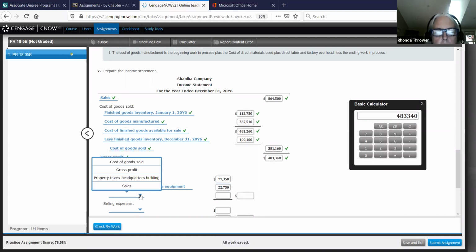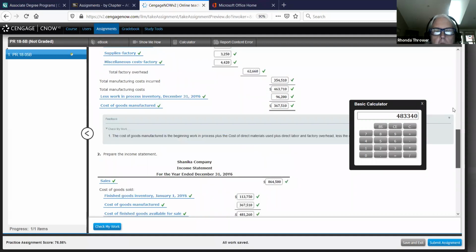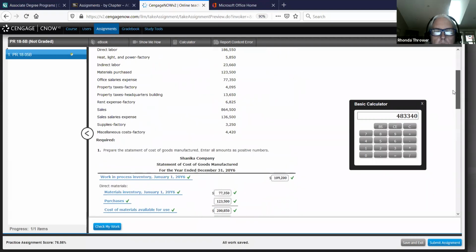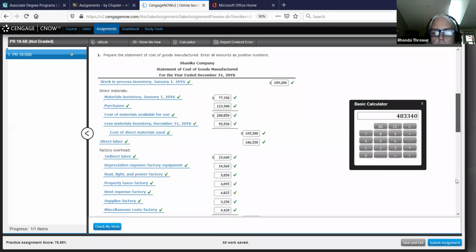Your next type of administrative expense will be your property taxes, your headquarters building. Property taxes, headquarters building is $13,650.